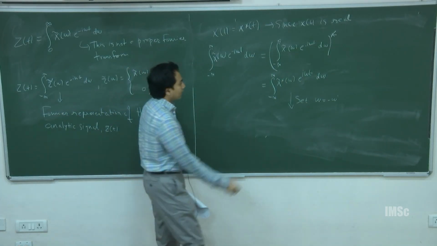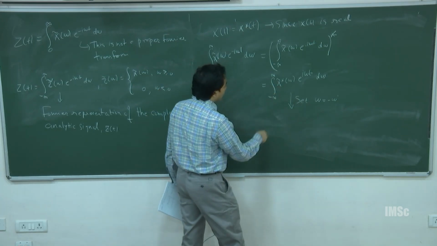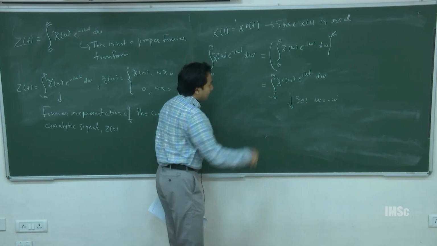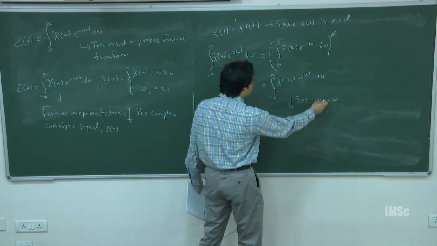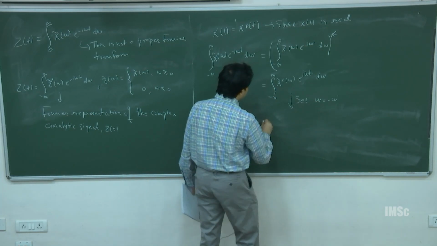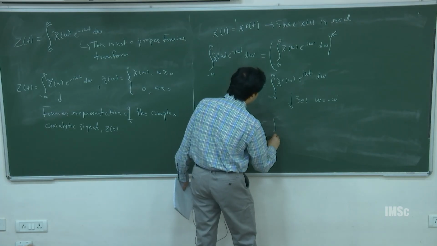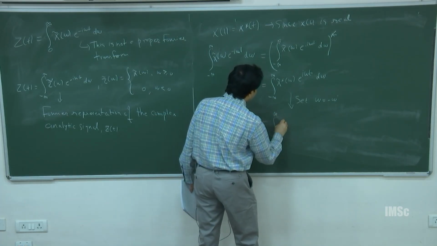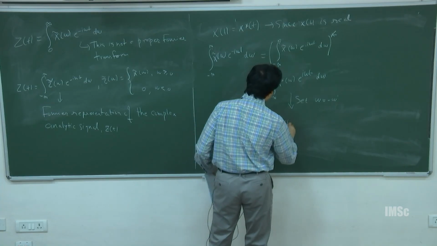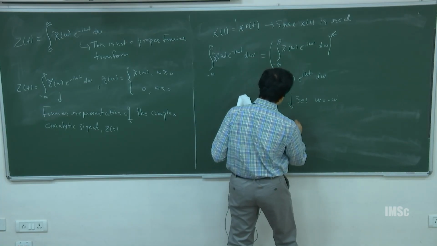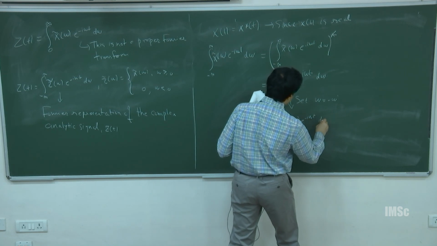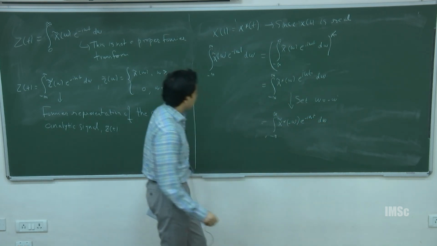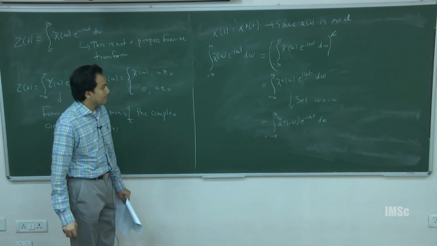So this becomes minus d omega prime. The limits flip the order, and if you take into account this minus sign, it just becomes minus infinity to infinity. This is what you get.